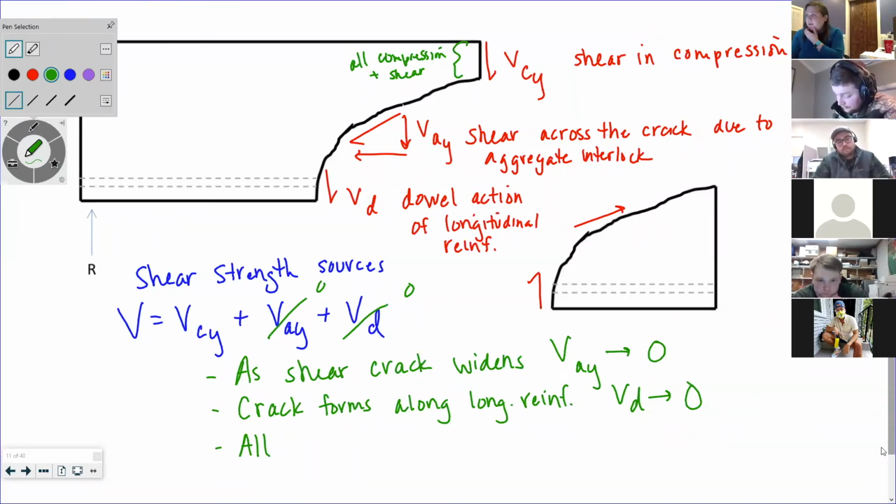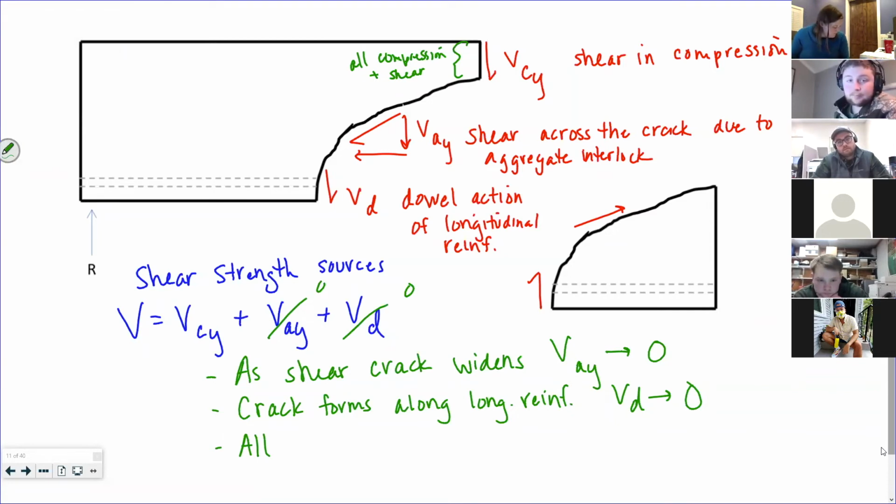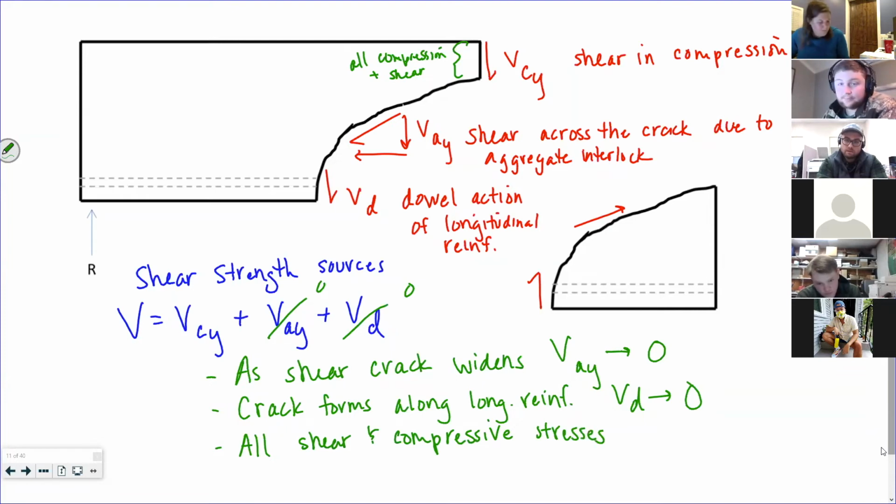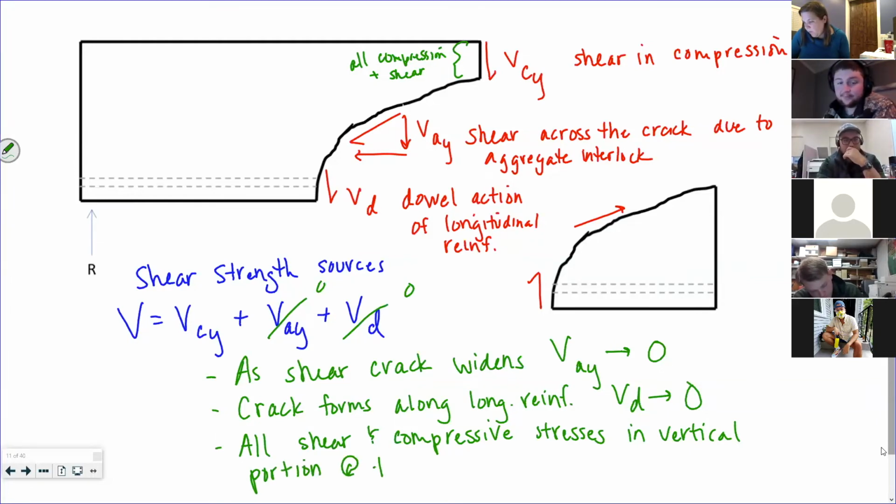And putting all of my eggs in one basket isn't so good. All the shear and compressive stresses in the vertical portion at the top result in crushing and buckling.